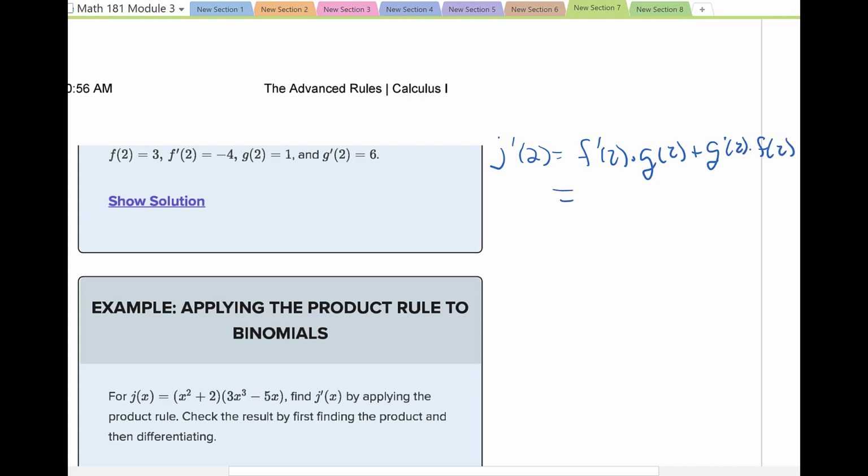So f prime of 2 is negative 4 times g of 2, which is 1, plus g prime of 2 is 6 and f of 2 is 3. So I have negative 4 plus 18 equals 14.